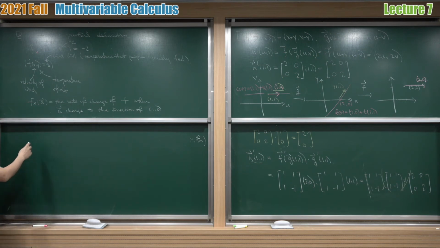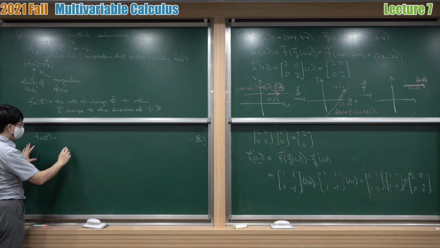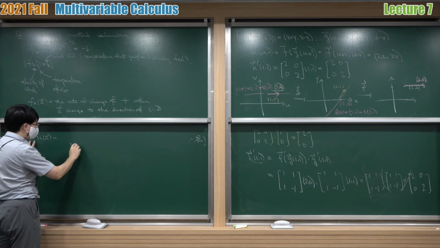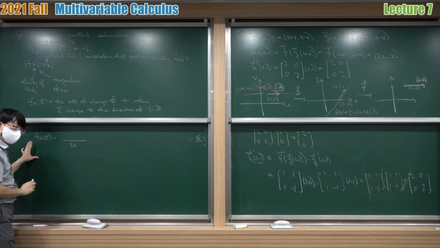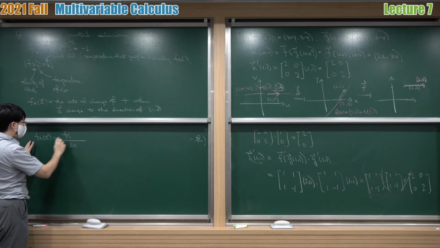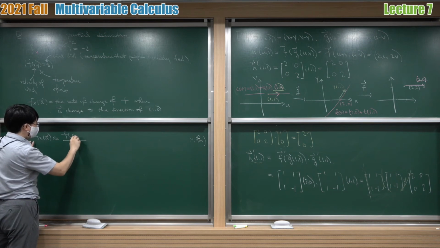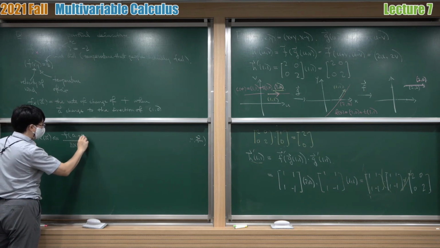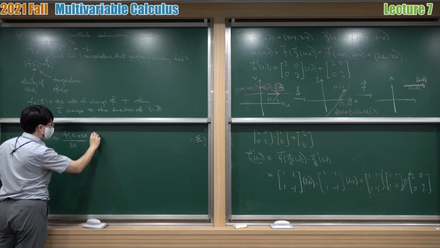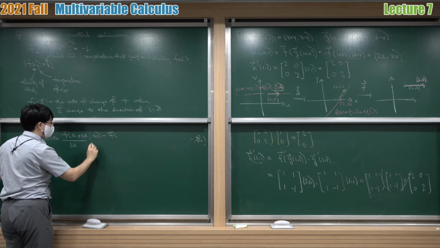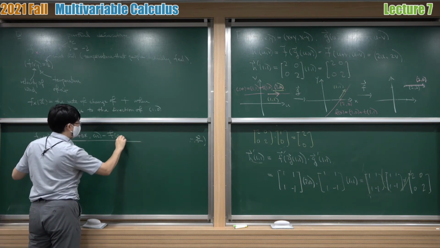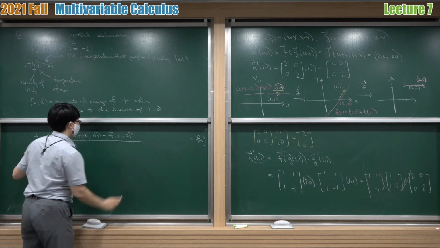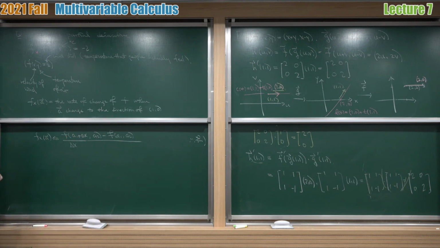So this f_x(a) is approximately the ratio of the actual difference of the x coordinates and the actual difference between the values of the function.